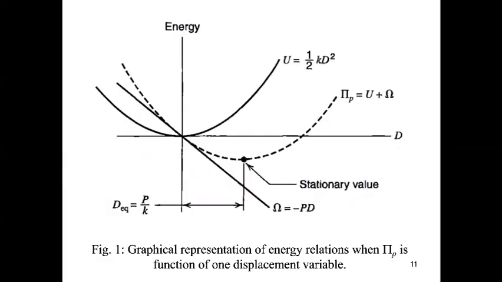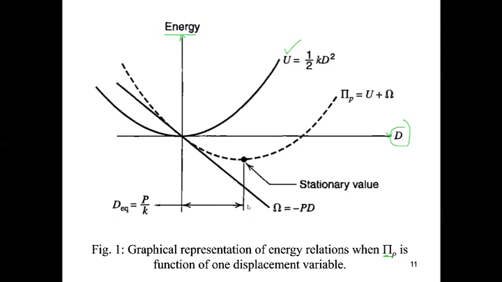Figure 1 is a graphical representation of energy relations when the total potential energy Πp is a function of one displacement variable. Notice the horizontal axis is the displacement d, while the vertical axis is the energy. The parabola is the strain energy.